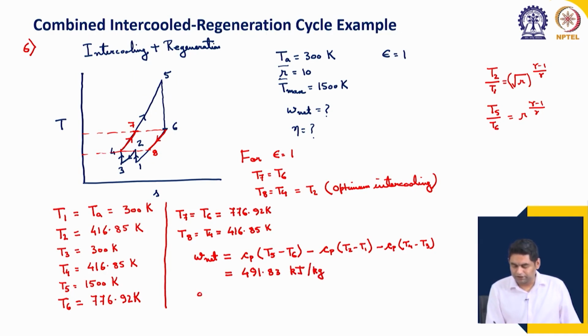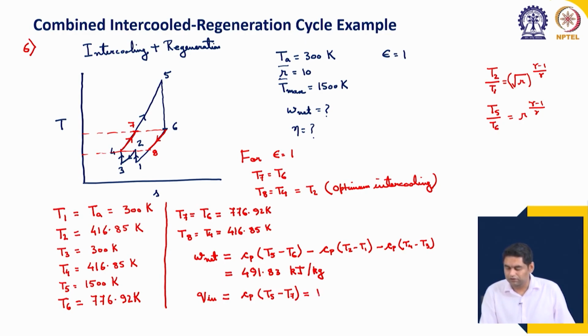Now, what about the heat addition? Heat addition is going to change, because regeneration enables us to use less heat addition in the combustion process. So, this heat addition is now C P into T 5 minus T 7, and we know the value of T 7. T 7 is equal to T 6, equal to 776.92.